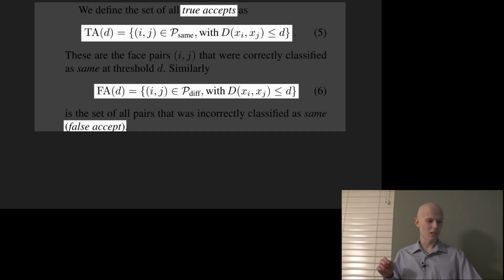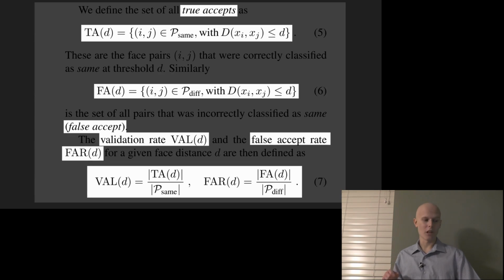And it takes each of these and divides them by the number of same and number of different respectively. So validation rate is the true accepts divided by the same pairs, and false accept rate is the false accepts over the number of different pairs.